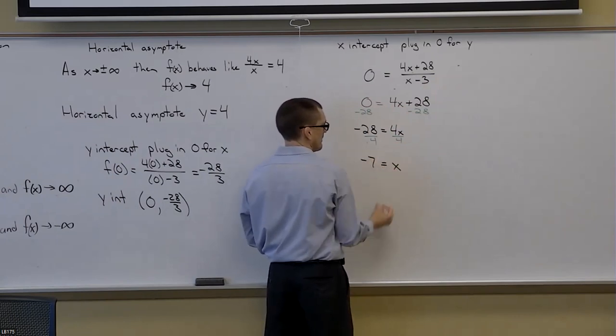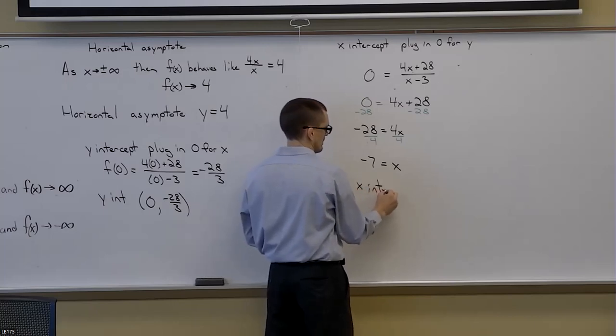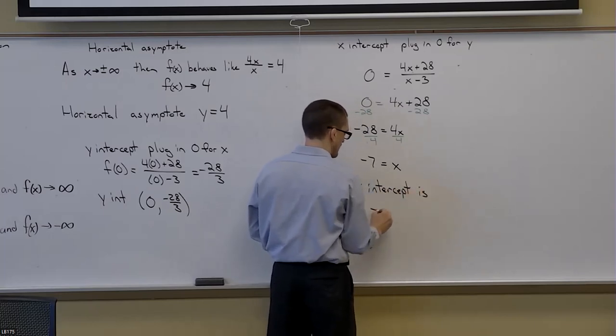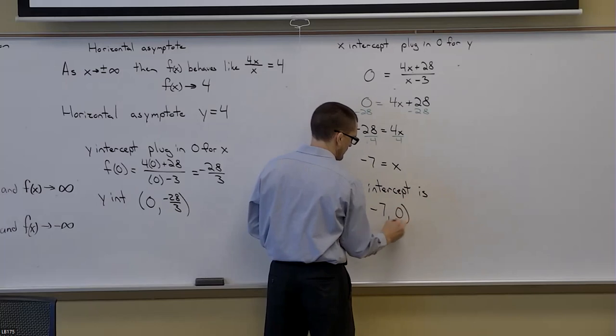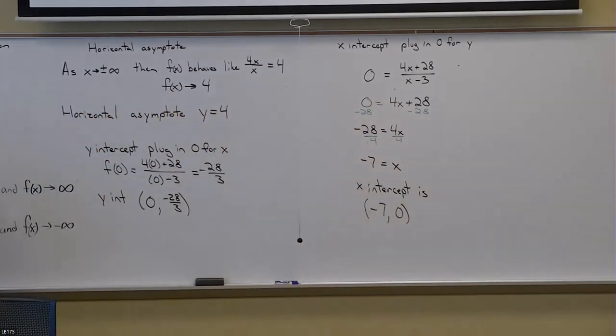X is -7. So the x-intercept is -7, 0. That work? That's what I got. That's what we got. Good. Everybody get that? Good.